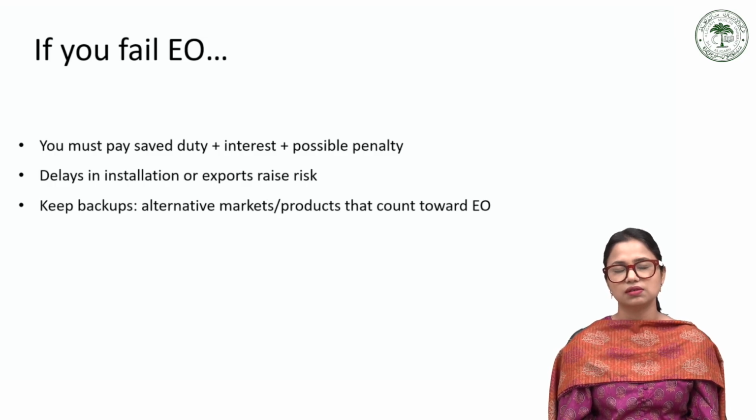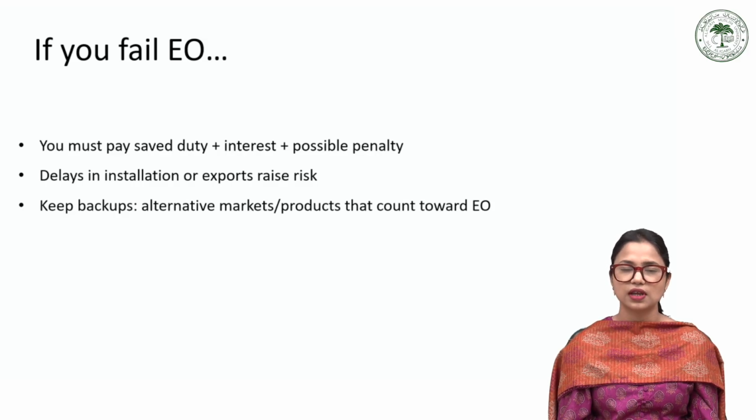What happens in case an exporter fails to meet the export obligation requirement? It might happen that the exporter is not able to meet the export obligation amount they were required to meet.